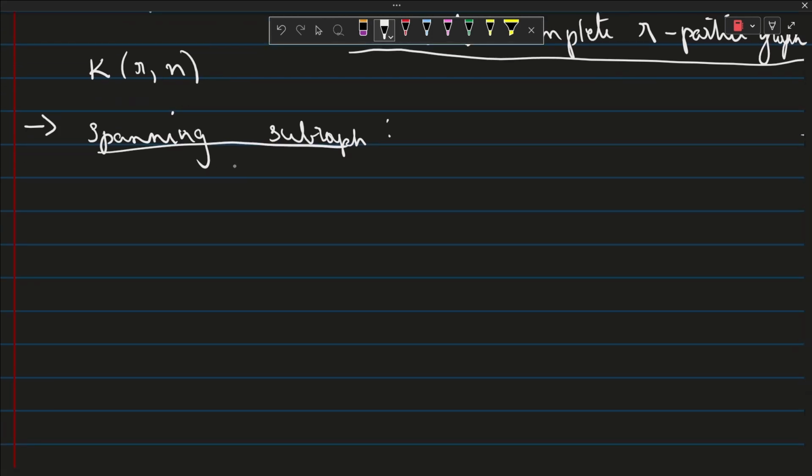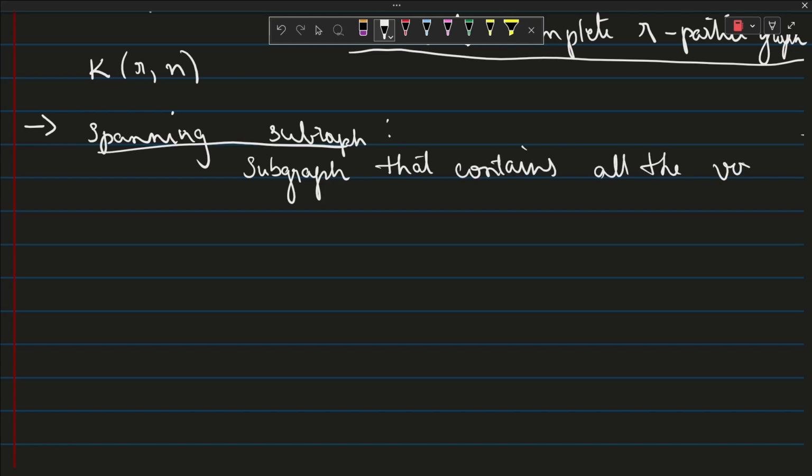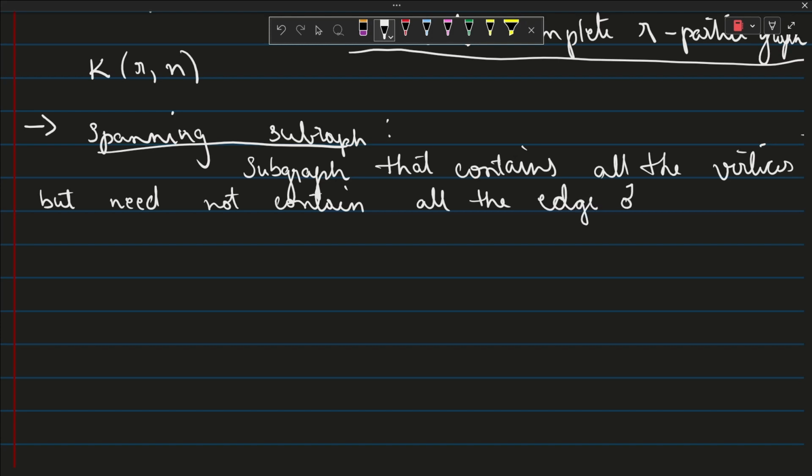A spanning subgraph is nothing but a subgraph that contains all the vertices but need not contain all the edges of a graph, say G. It's called a spanning subgraph.